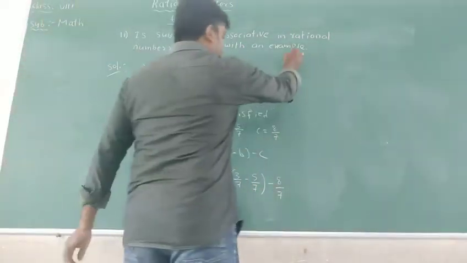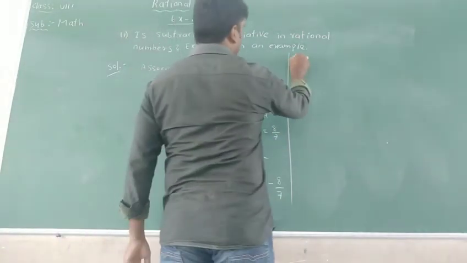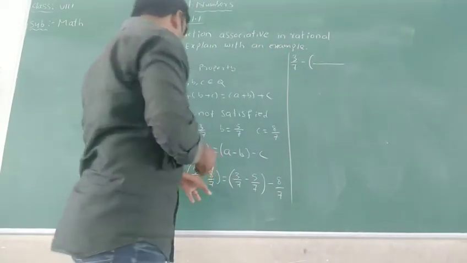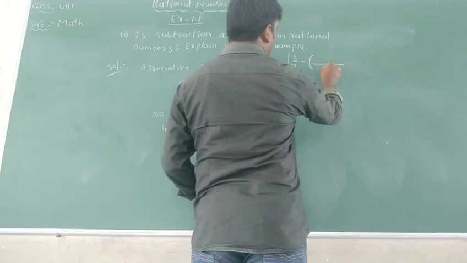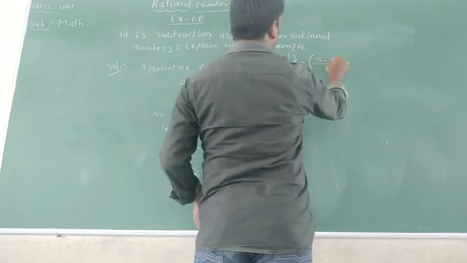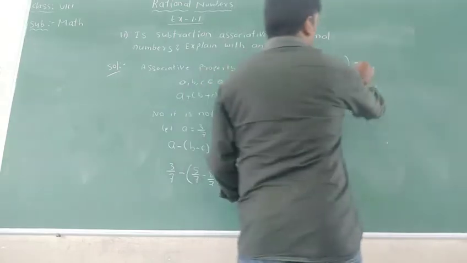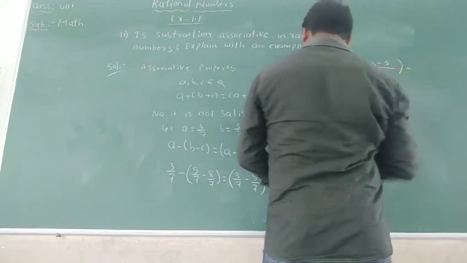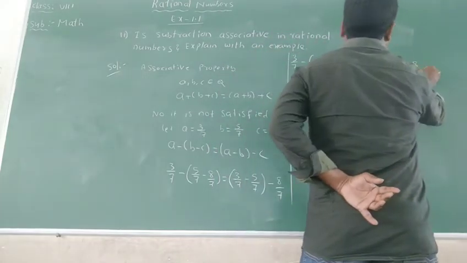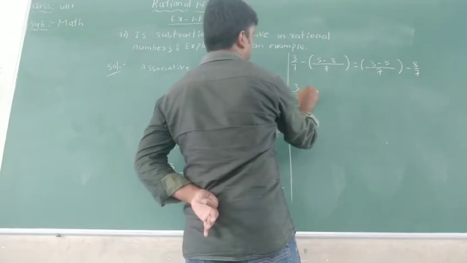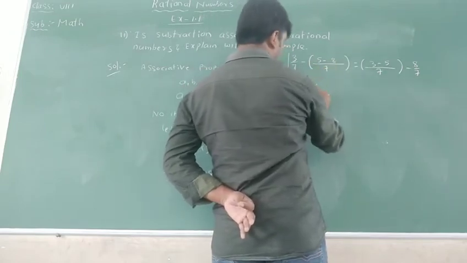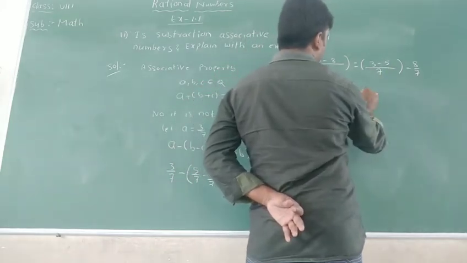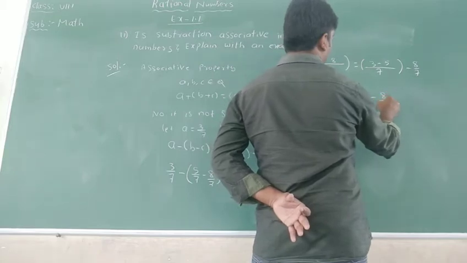Inside the bracket, these are like fractions, like rational numbers with the same denominator. So 5 minus 8 we have to subtract, and the denominator is again 7. So 5 minus 8 is minus 3, so 3/7 minus of minus 3/7 becomes plus 3/7. On the other side, 3 minus 5 is minus 2/7, minus 8/7.